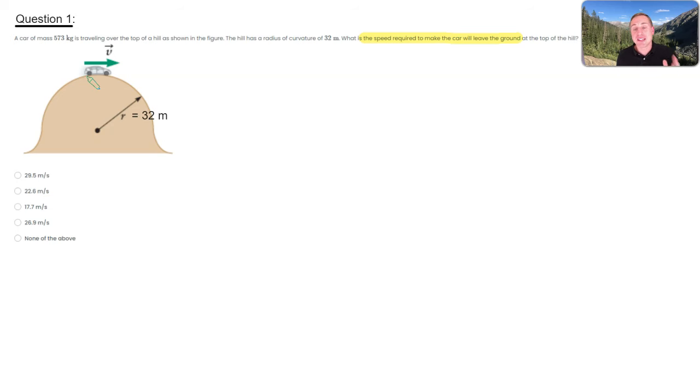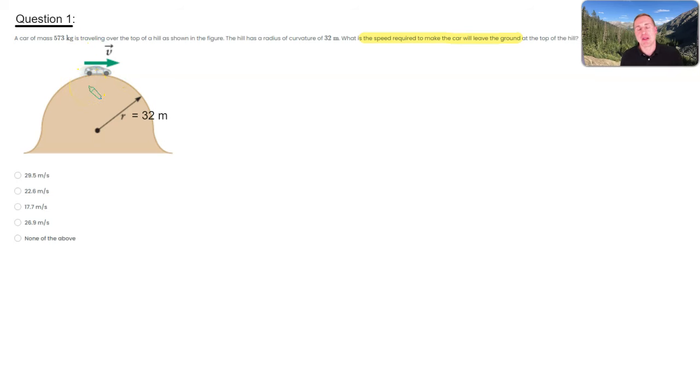When the car gets to the top of the hill, the normal force must go to zero in order for it to project away from the hill, and the only force on the car that's producing the net force is the weight. On the front end of the hill, we have both the weight and the normal force, but when we get to the top of the hill, we only have the weight.